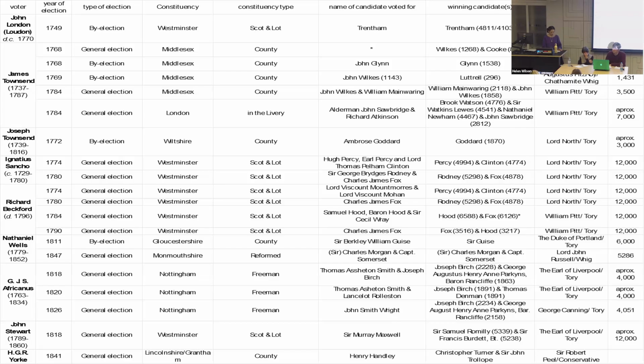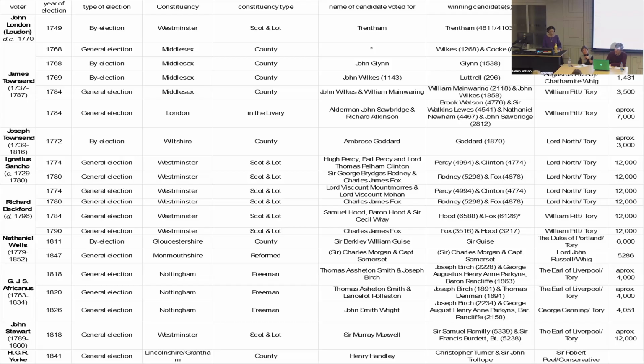Early in his political career, he was a staunch supporter of John Wilkes, and the anomaly with his voting record is I have found him voting in Middlesex and London. He voted 4 times in Middlesex in March and December of 1768, then in 1769 and 1784. He votes once in London in 1784.